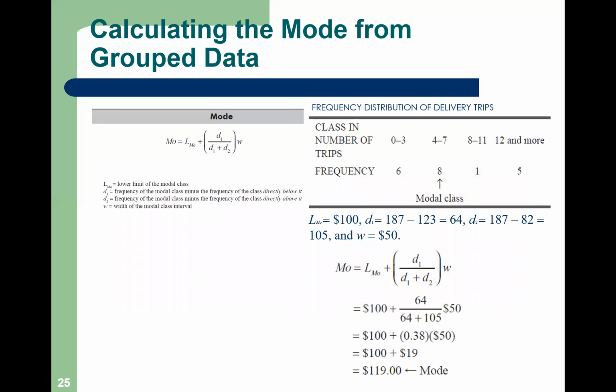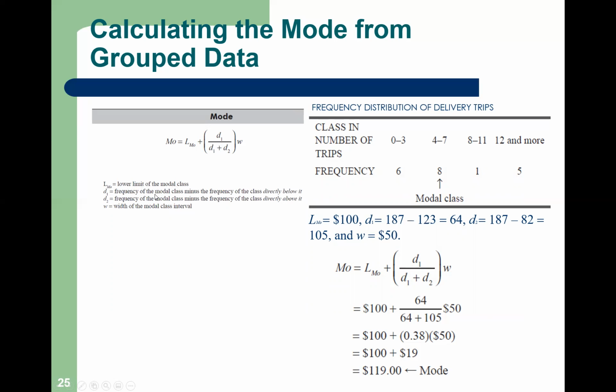The way to calculate mode for grouped data is a little bit tough. The formula is here: L plus D1 over D1 plus D2, multiplied by W. If you are confused by the subscripts, you are allowed not to use them. L represents the lower limit of the modal class.